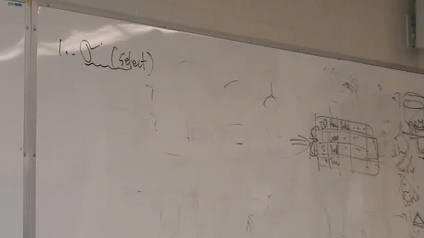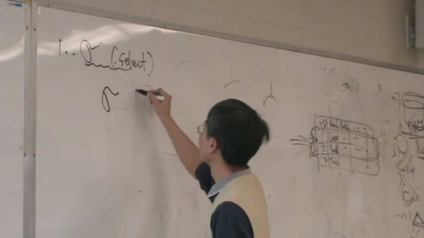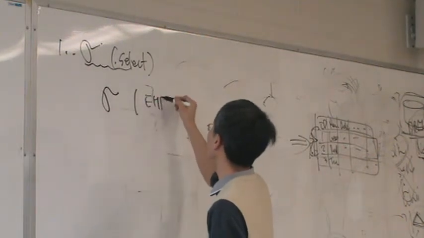What is the output? It's a set of data, right? It's a relation, right? So the input and output of any relational operation is a relation. Okay? So how can we use select? Select employee, for example.